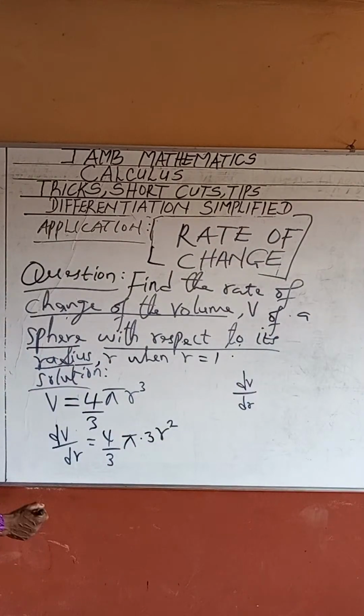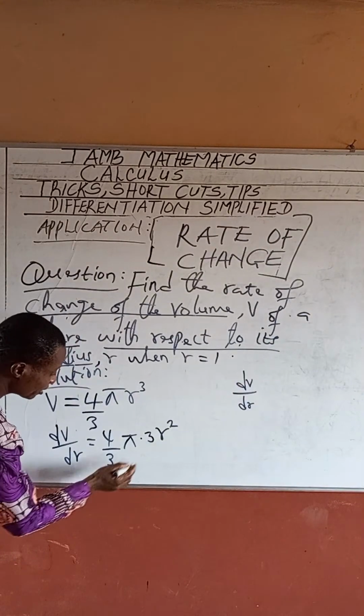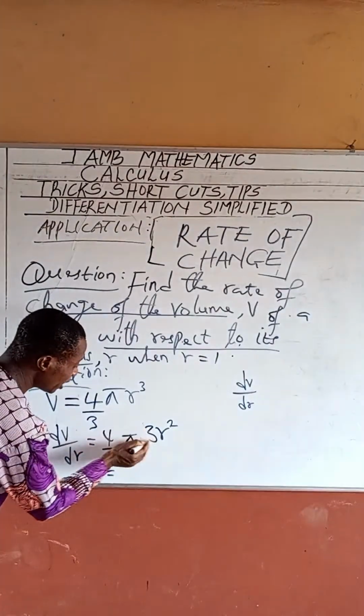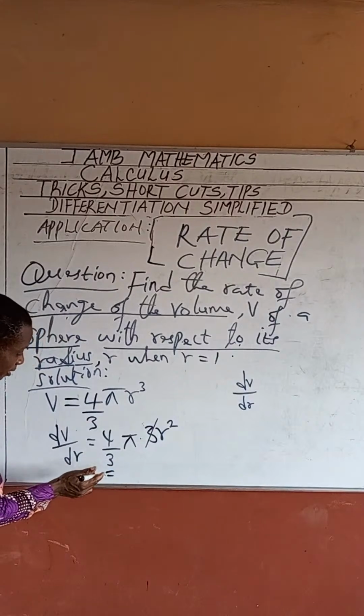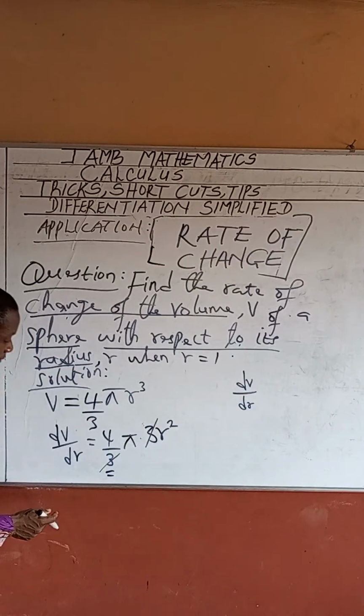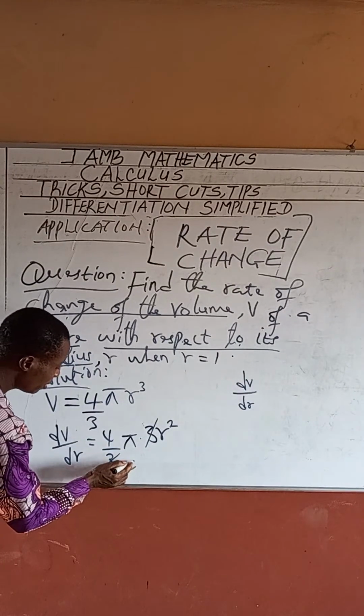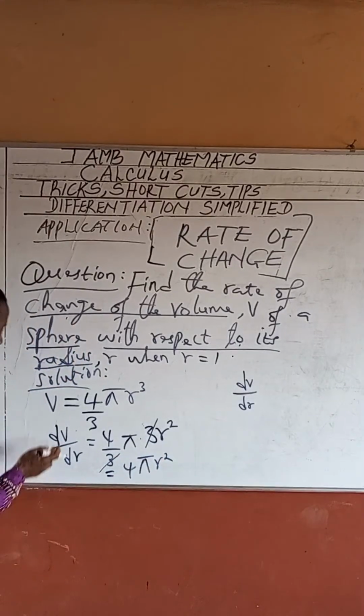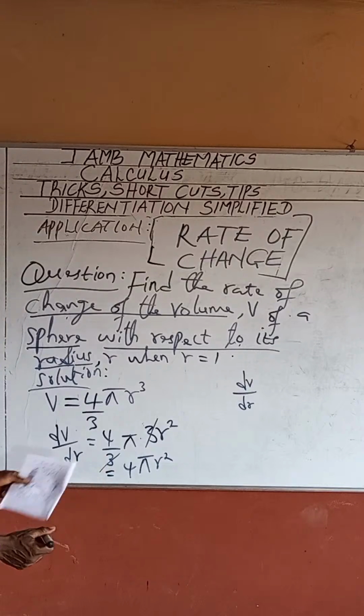The 3 cancels the 3, and this becomes 4πr². So dV/dr is 4πr².